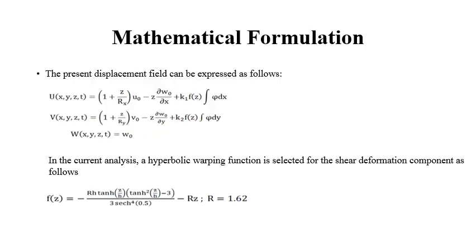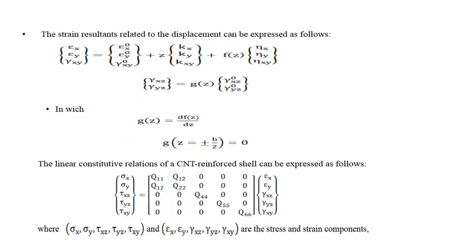In this section, we present the mathematical formulation used to analyze the dynamic behavior of doubly curved shell structures reinforced with carbon nanotubes. The displacement field equation includes shear deformation effects without an additional twisting function. We then derive the results related to stress, focusing on the impacts of high-order shear deformation terms.